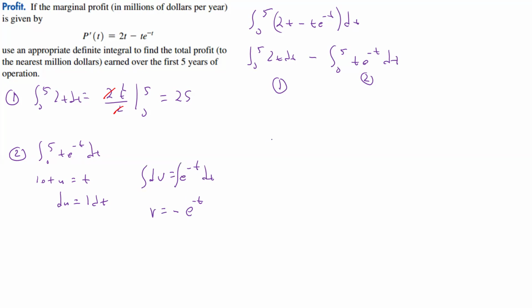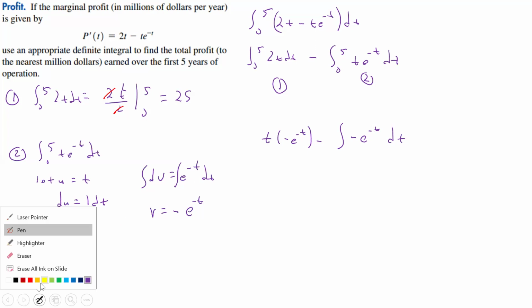All right, so now I can take my u times v. So u was t times a minus e to the minus t, minus the integral of v du, which is a minus e to the minus t dt.